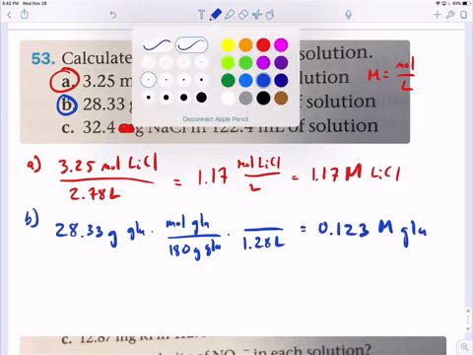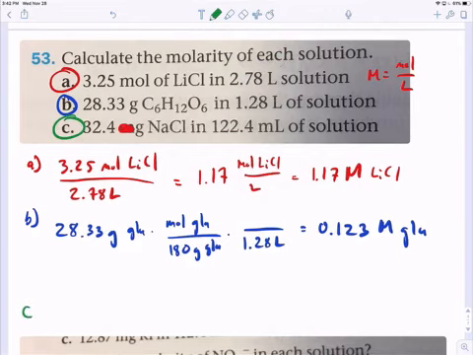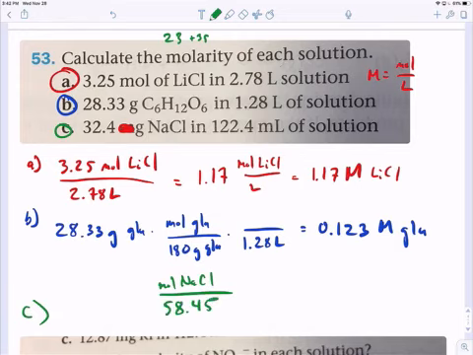And now you guys can work on C if you want. Oh, wait. So I'll go ahead and give you the molecular weight there.